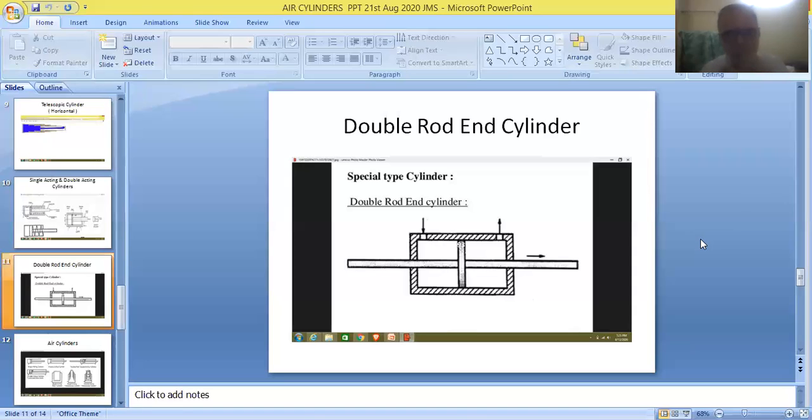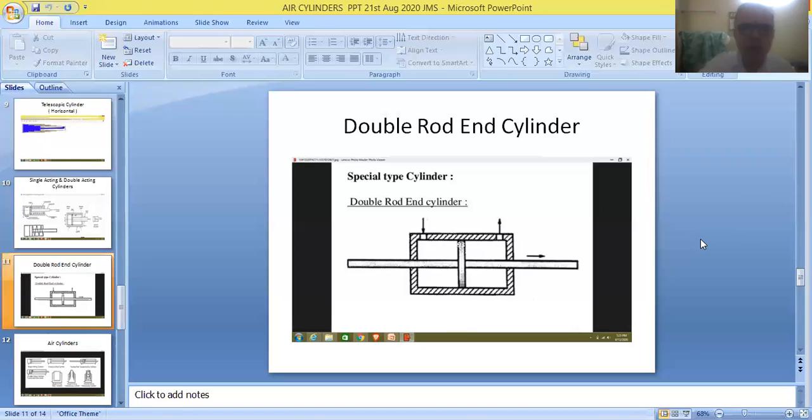Whatever may be the case, here we are seeing two piston rods. Therefore, it is called a double rod cylinder. Also, they are referred to as double rod end cylinders. One rod is placed at one end of the piston, another rod is fitted to the other end of the piston. Therefore, they are also called double rod end cylinders. Simply, they are also called double rod cylinders.